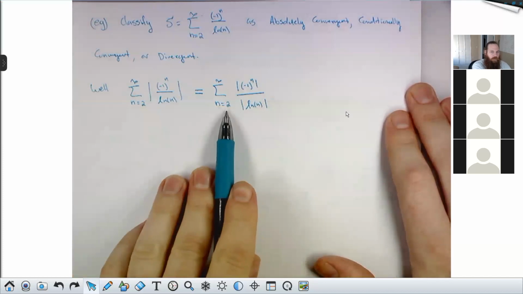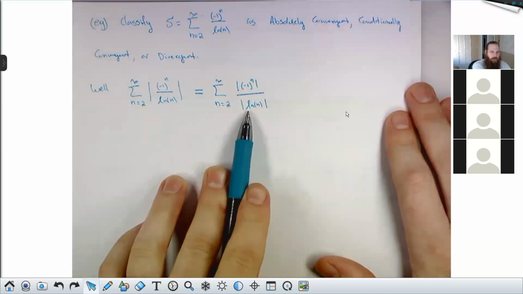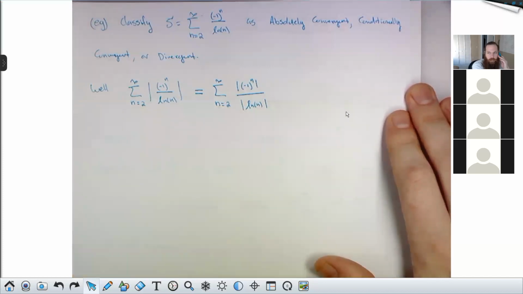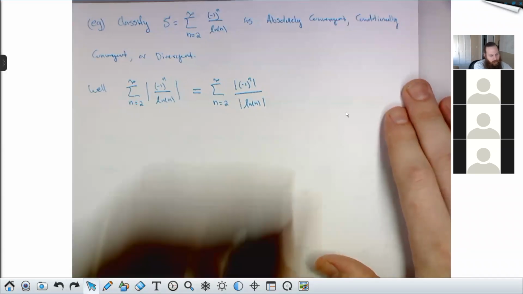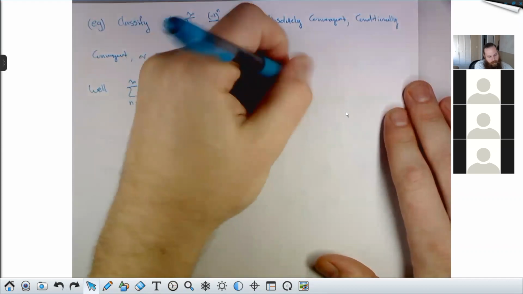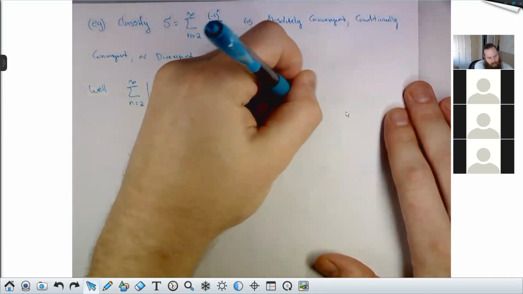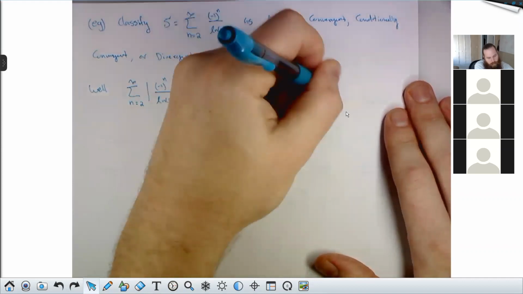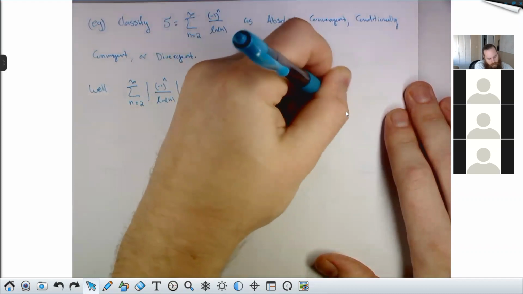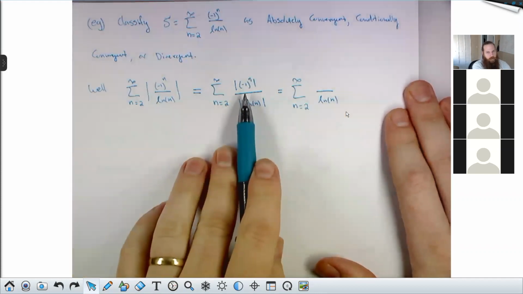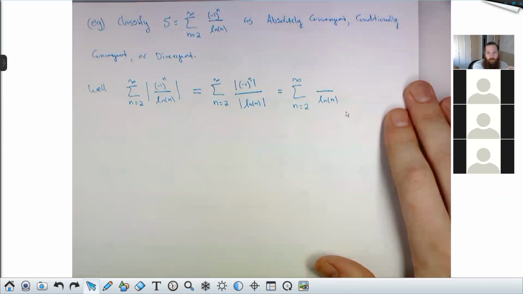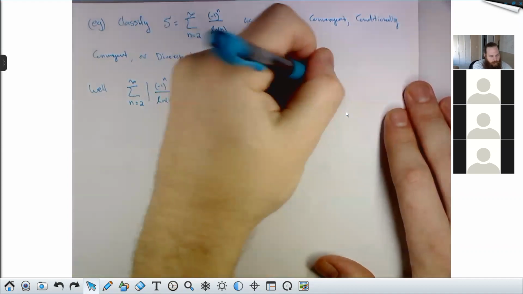And because n is running from 2 to infinity, the natural log of n is always positive. The natural log goes from being negative to positive at n equals 1. So for all n bigger than 1, natural log of n is positive. So the bottom is just natural log n. And upstairs, (-1)^n, just like (-1)^(n+1), is either positive 1 or negative 1. So its absolute value is just 1.